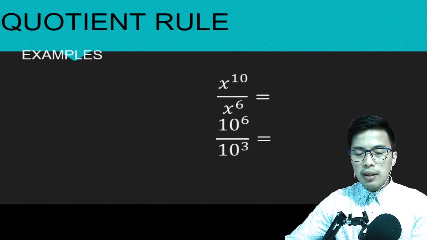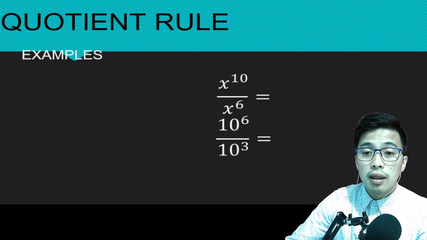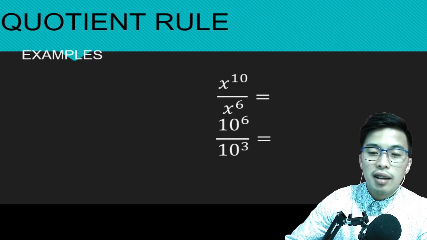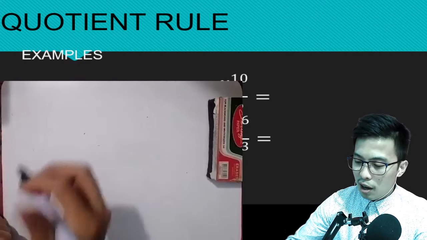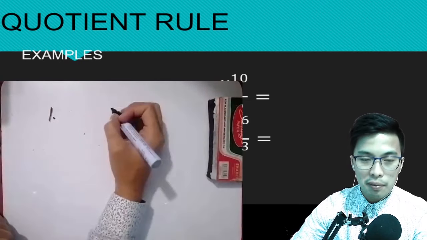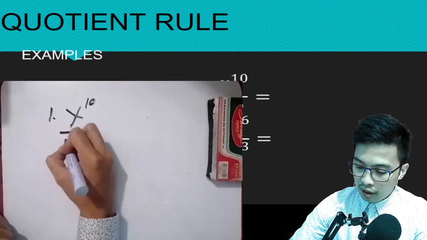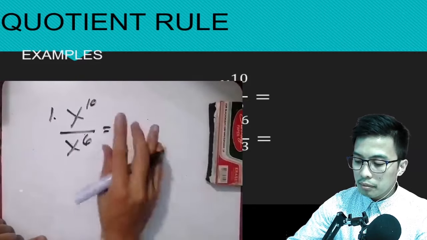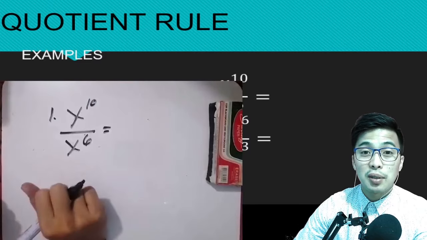Alright, so example, x raised to the power of 10 divided by x raised to the power of 6. And another example of this is 10 raised to the power of 6 divided by 10 raised to the power of 3. Okay, so let's solve first the first problem, x raised to the power of 10 divided by x raised to the power of 6. Again, in product rule, we copy the base and then we add the exponents, right?